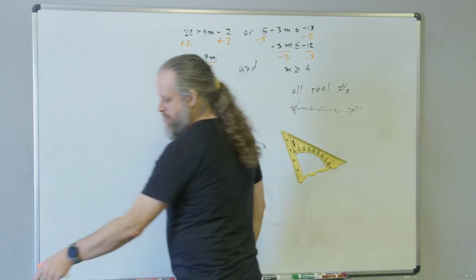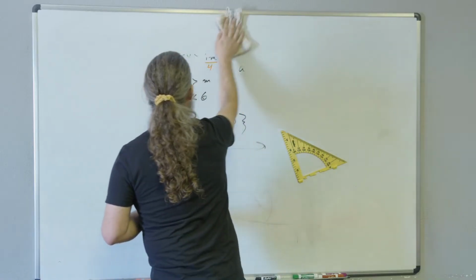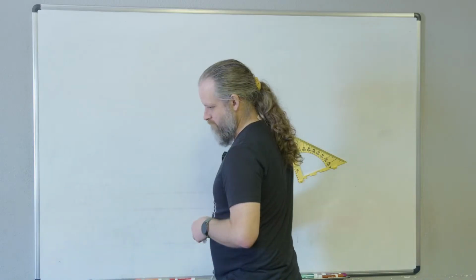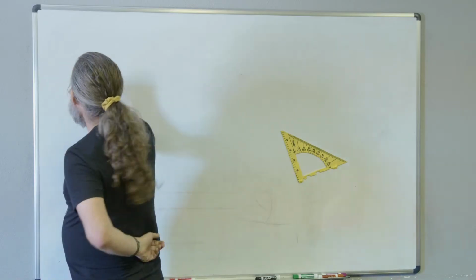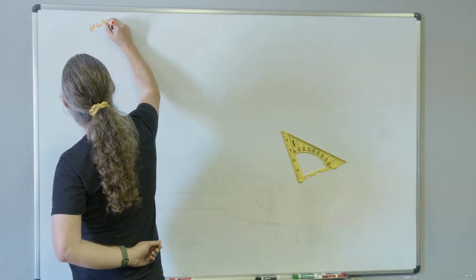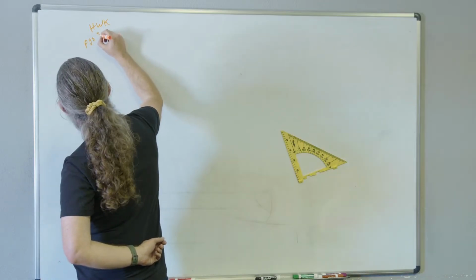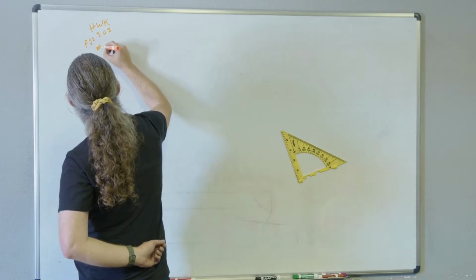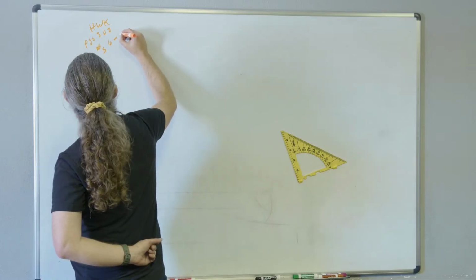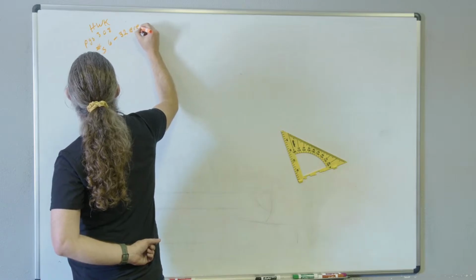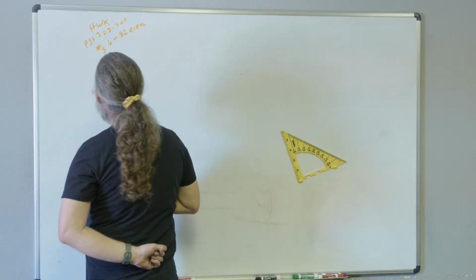Homework number 1. Page 308 through 309, numbers 6 through 32 evens.